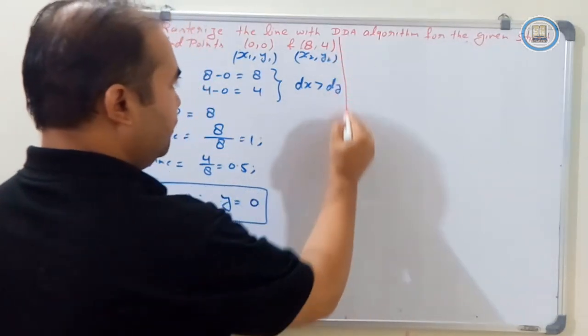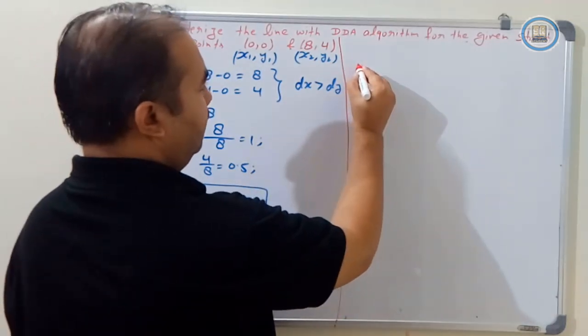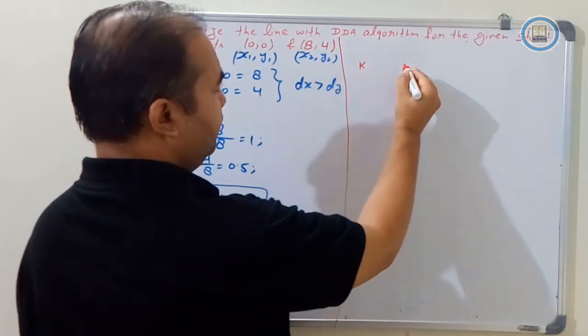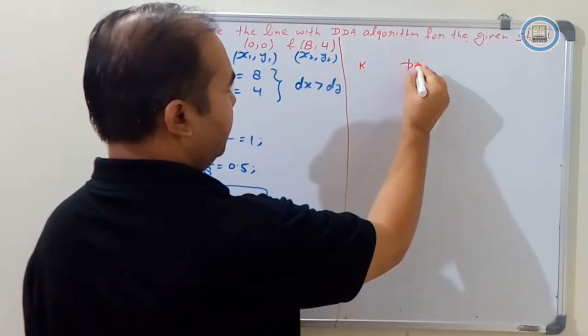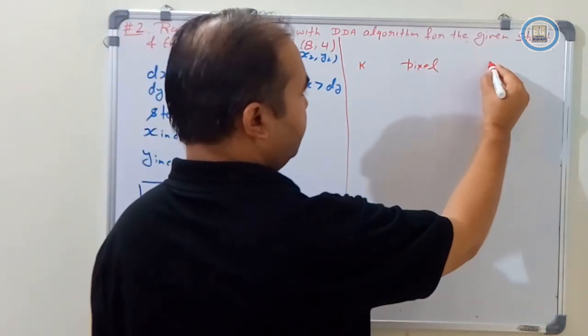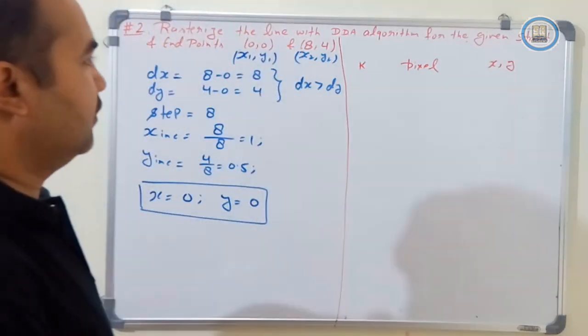So what we will do, the first column is the value of k, that is the number of steps. The next is the pixel, which we need to calculate, and the next is the value of x and y, which is used for the calculation purpose.